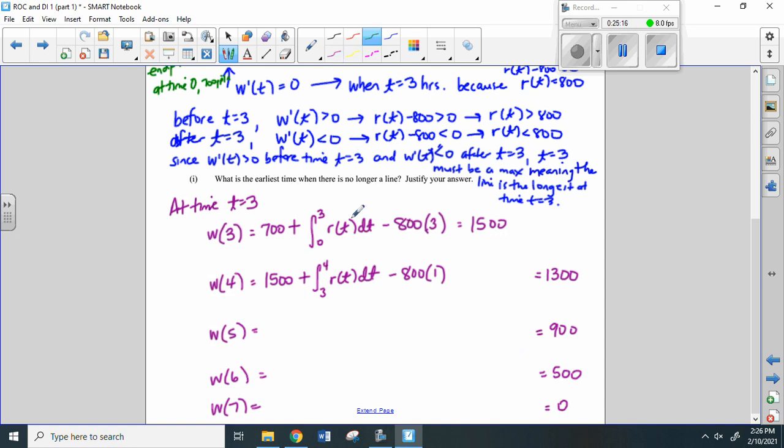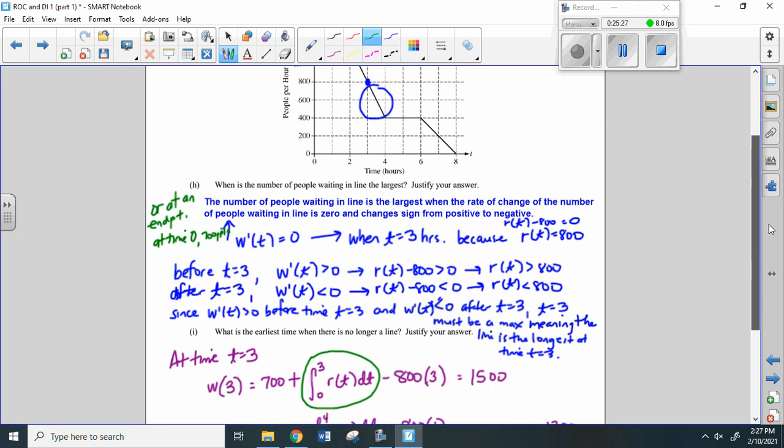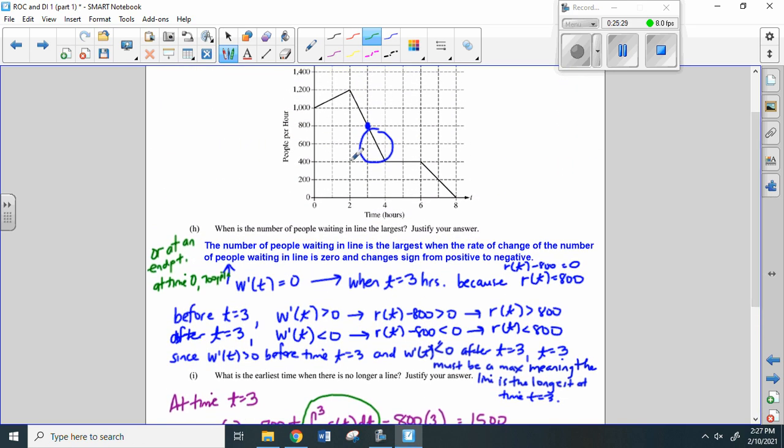And one more time, the way you find the answer to an integral over a specific interval is to go to the graph of that function and find the area under the graph over that time interval. You're finding the area of this section, okay?